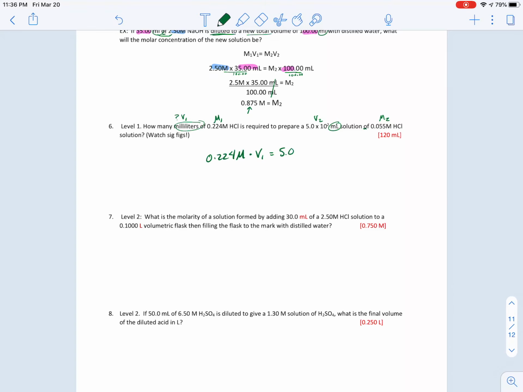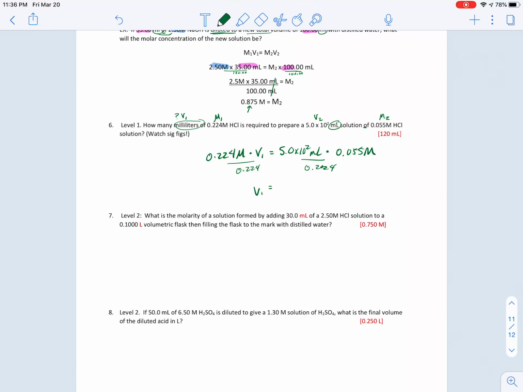So we got 0.224 molarity times volume equals 5.0 times 10 to the 2 milliliters times 0.055 molarity. Then I divide both sides by 0.224.